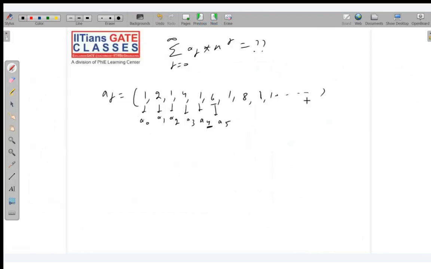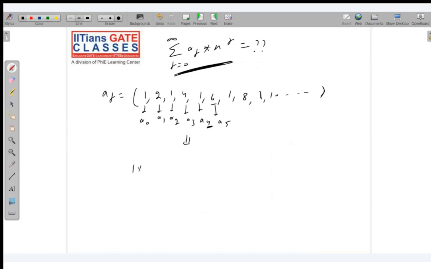Now we have not done this kind of sequence till now. No problem, we will try to adjust it. So how are we going to adjust it? Since we have not done this kind of sequence, let me write it in sigma type of thing. a0 into x power 0, a1 into x power 1, and so on.